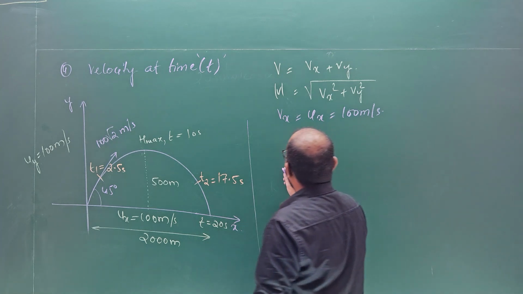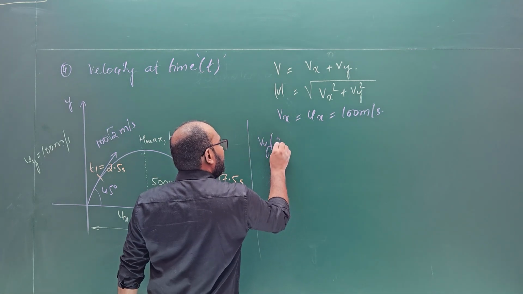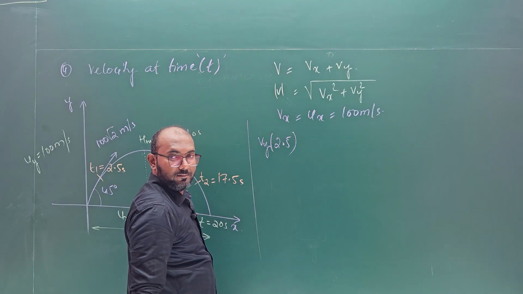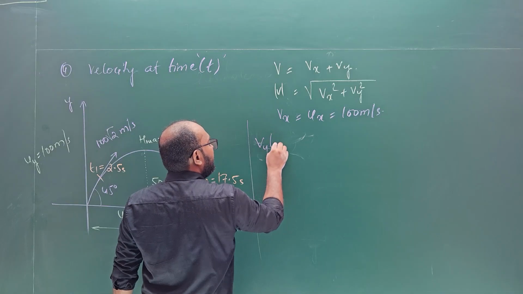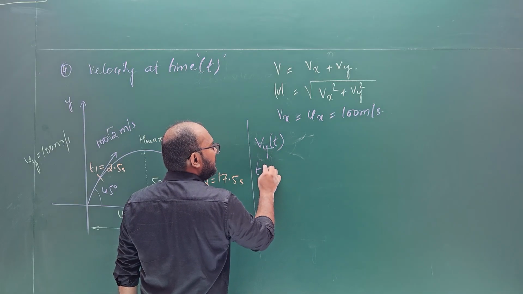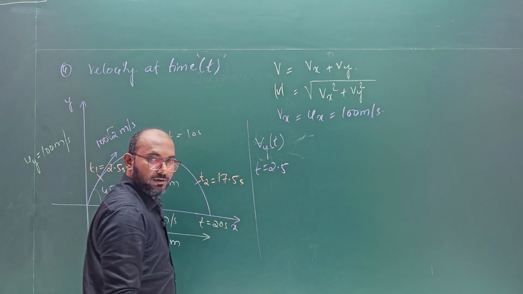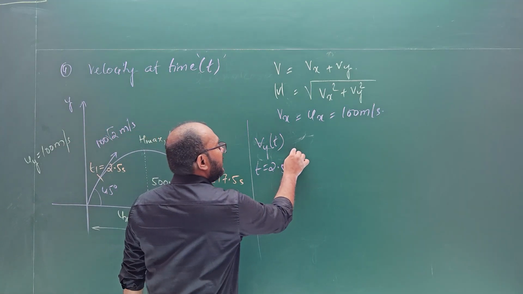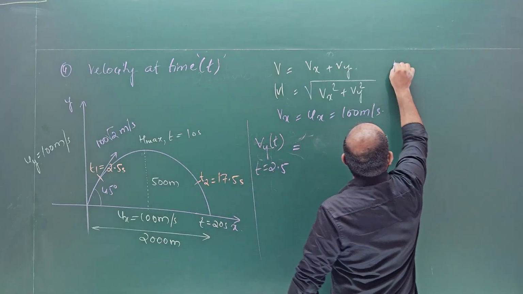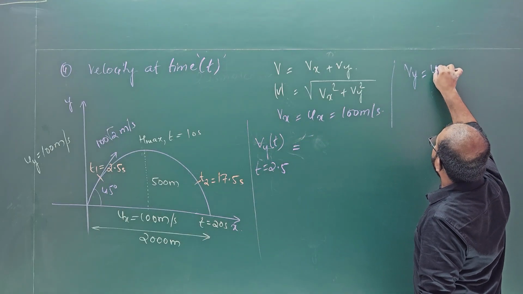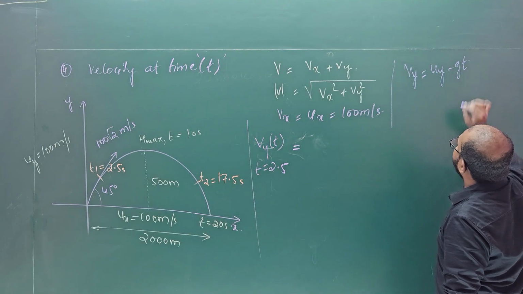Then Vy at time t, and t here is 2.5, at any time t, we have one equation now.